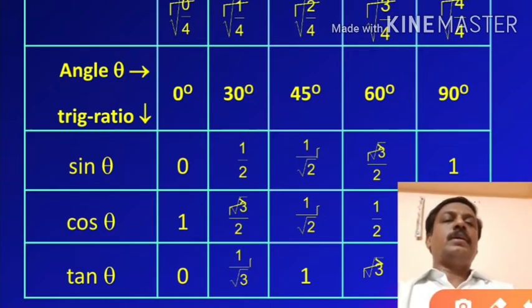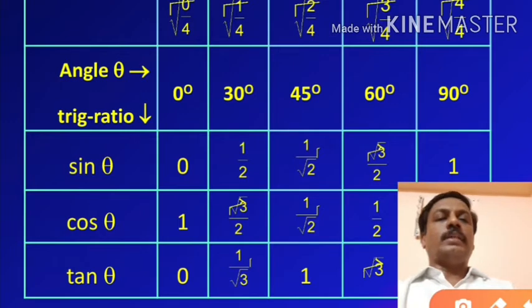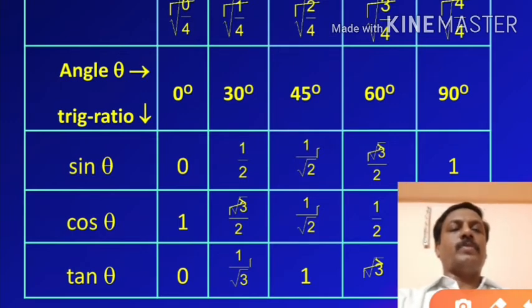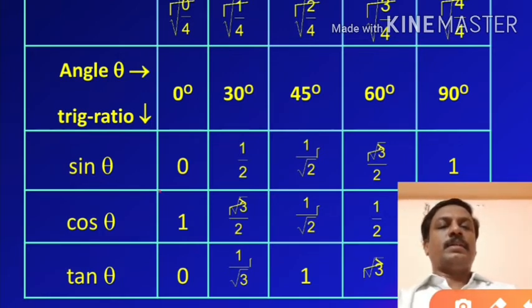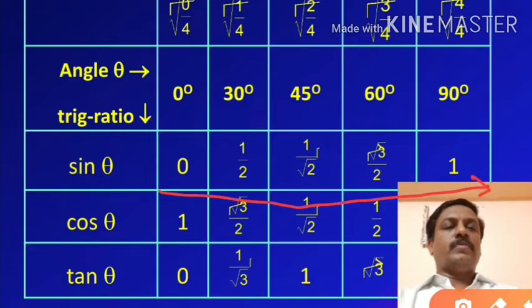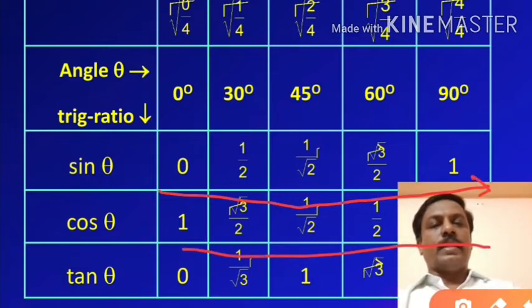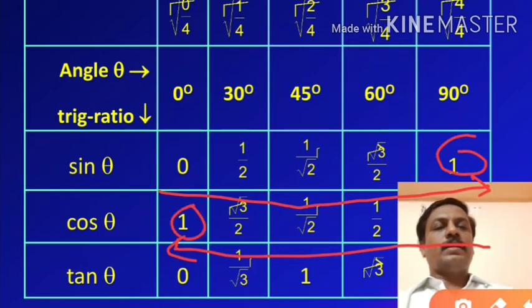Sine 0 is 0, sine 30 is 1 by 2, sine 45 is 1 by root 2, sine 60 is root 3 by 2, and sine 90 is 1. If you remember these, then cos values are exactly the reverse of this. So we write them in reverse order like this. We start from here. 1 comes here, then root 3 by 2 comes here.